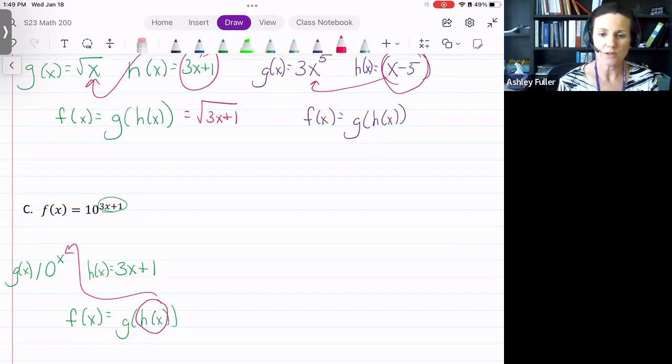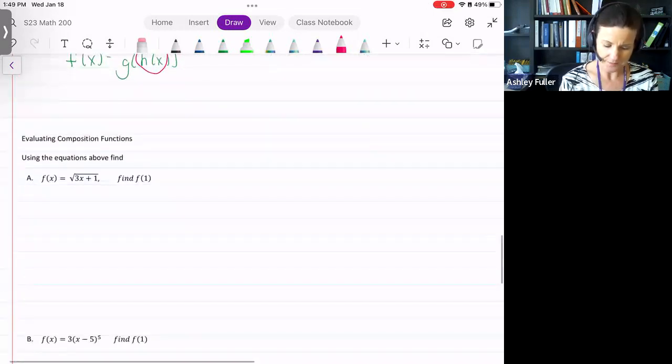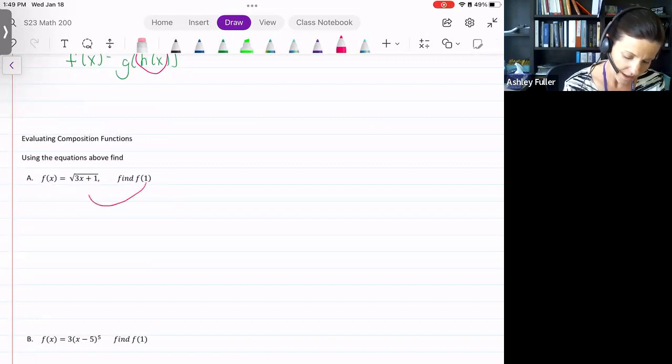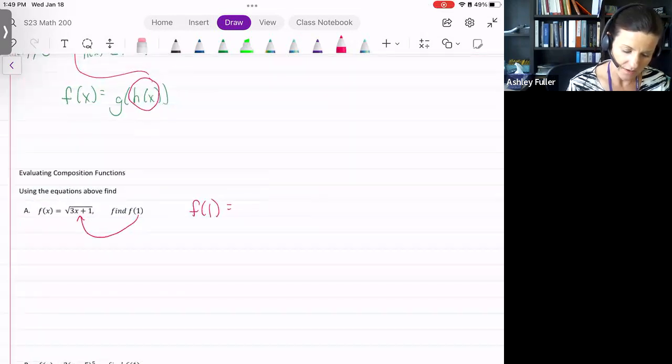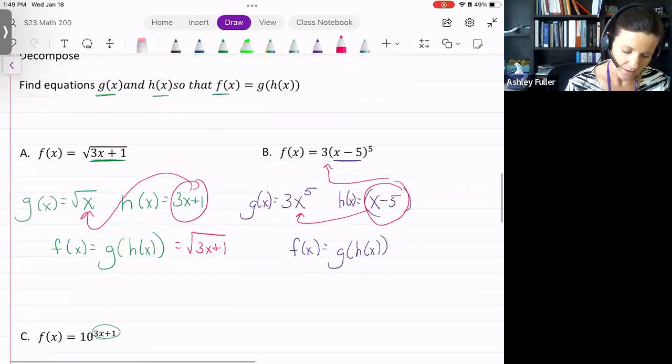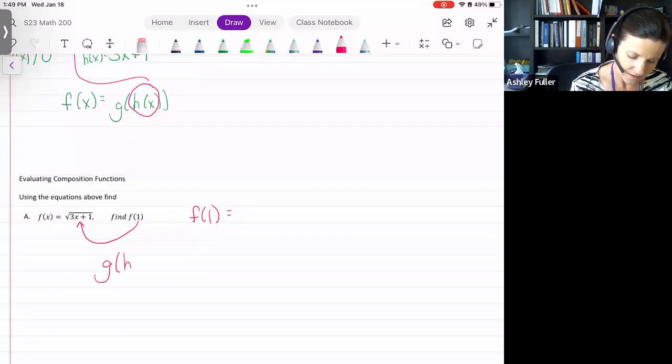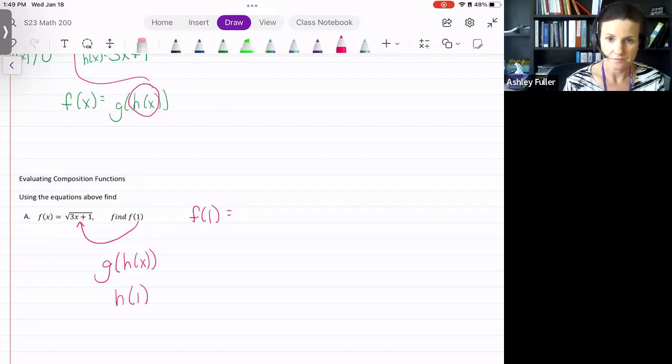When we are evaluating composition functions, note the rules still apply. So I just take this 1 and I plug it in. If I want to find f of 1, I can simply take those composition functions that I located earlier, where I had g of h of x, and I can find h of 1.